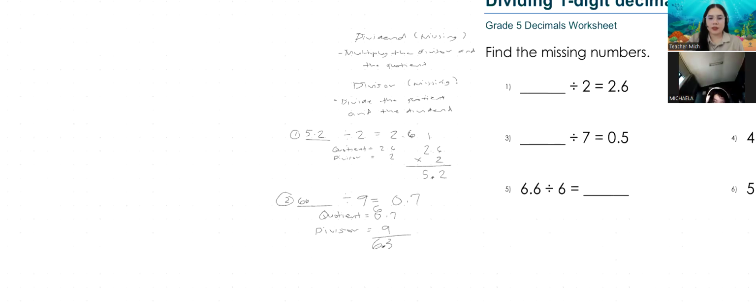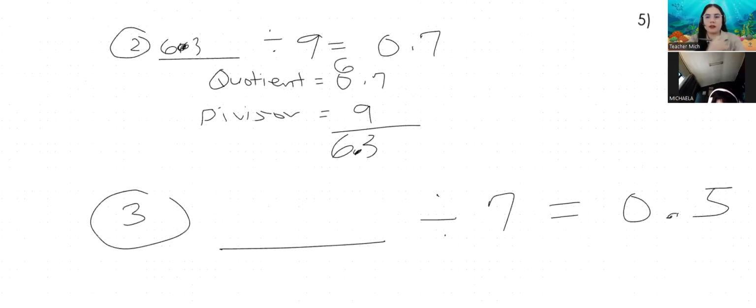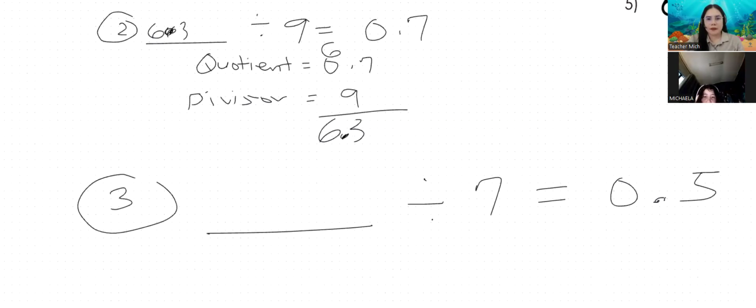Okay, great. So again, we have another given, which is for number 3, we have here blank divided by 7 is equal to 0.5. And now, Michaela, again, what is the missing term? Is it the divisor, the dividend, or the quotient? What term is missing, anak? The dividend.